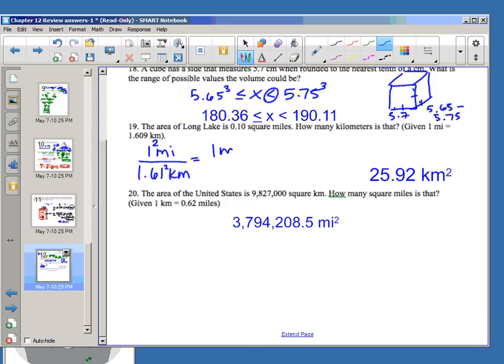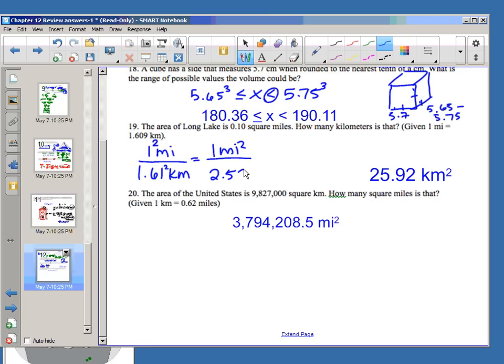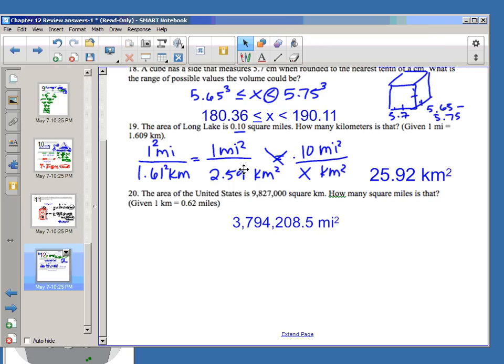So 1 mile squared is equal to 2.59 kilometers squared. I'm trying to find out how many square kilometers are equal to 0.1 miles squared. So I'm going to have 0.1 over x. When I cross multiply, I should get 25.92 kilometers squared.